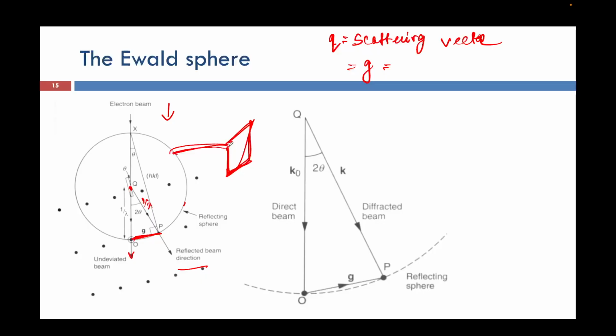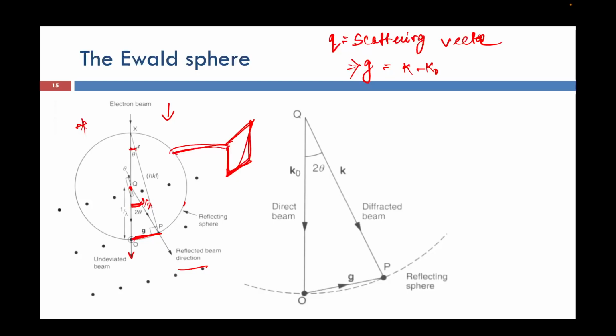Here you can see from the vector diagram, G will be equal to K minus K naught. In this diagram, this is 2 theta, the scattering angle, and this will be theta from the geometry.